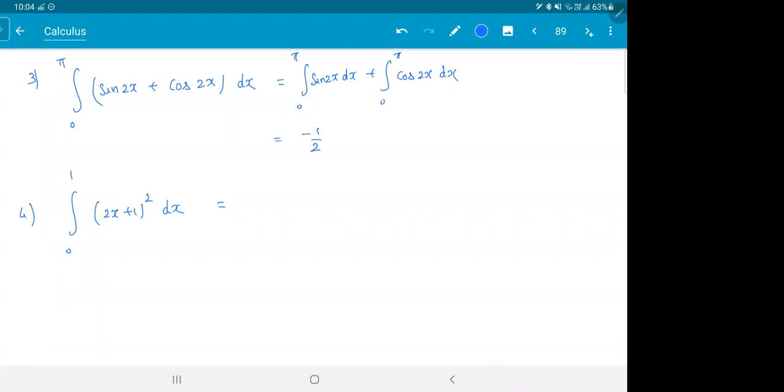So this would be minus half sine 2x, 0 to pi. I would reverse cos, this is.